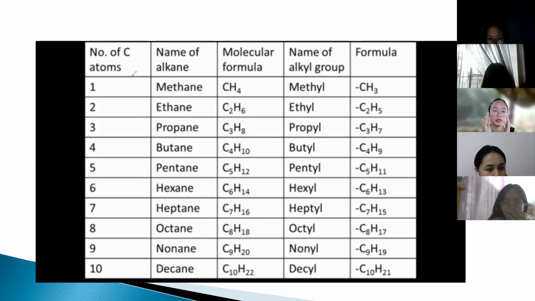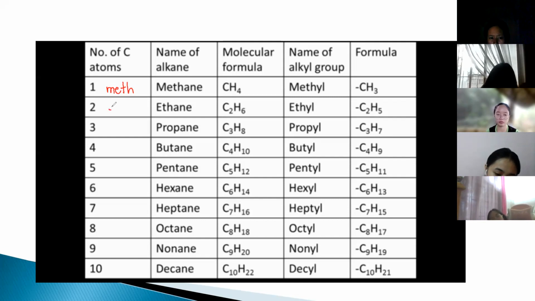In naming organic compounds, we use prefixes based on the number of carbon atoms. So when you see an organic compound with only one carbon, its name should start with meth. All organic compounds whose name starts with meth have only one carbon in their molecular formula.